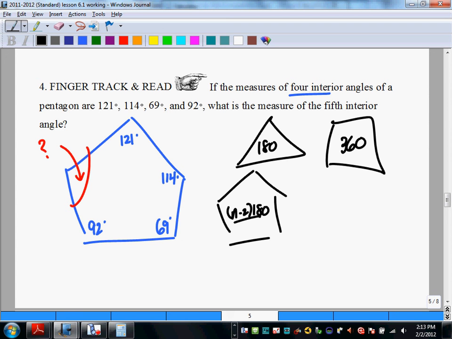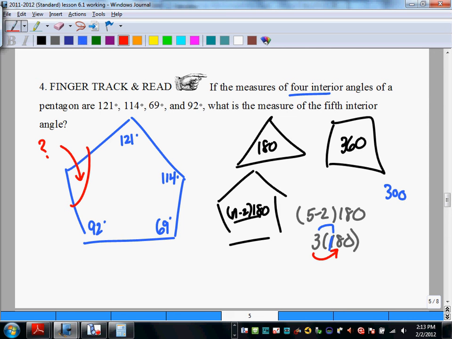All right, so we are going to do 5 minus 2 times 180. So 3 times 180, and look, it's going to be magic. We're not even going to use the calculator. Watch. I'm going to show you the math. What would be 3 times 100? 300. Because it's a pentagon. Now I'm going to go here, 3 times 80.